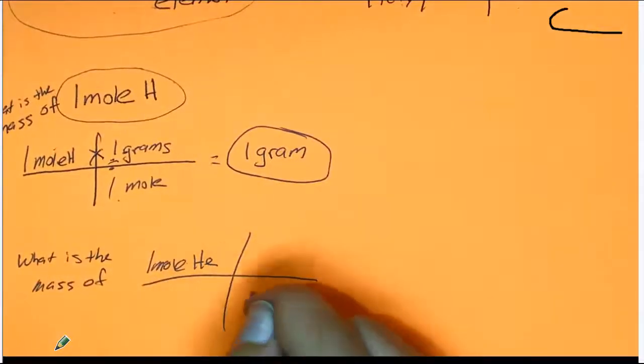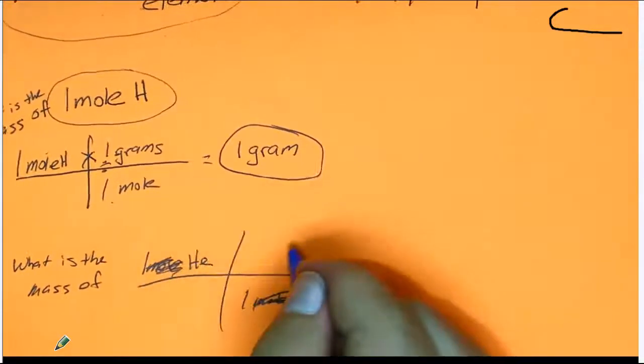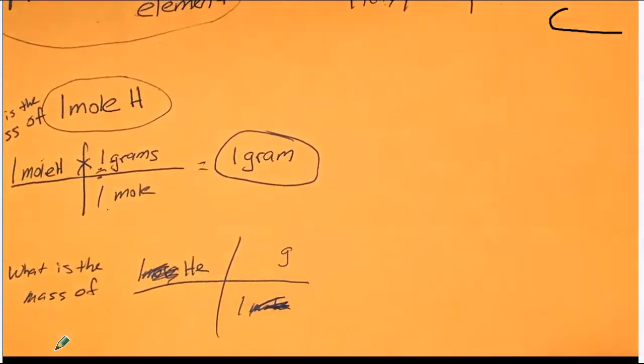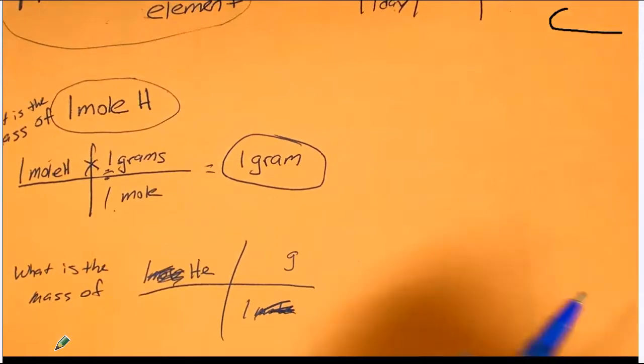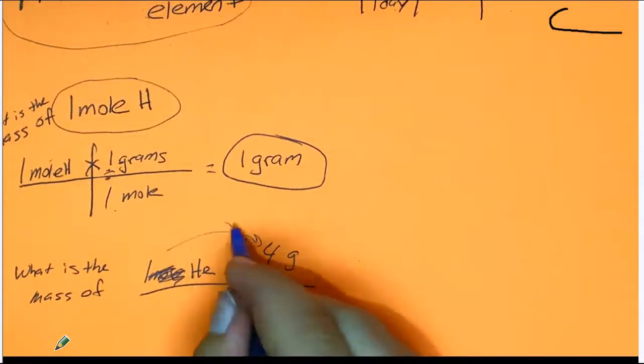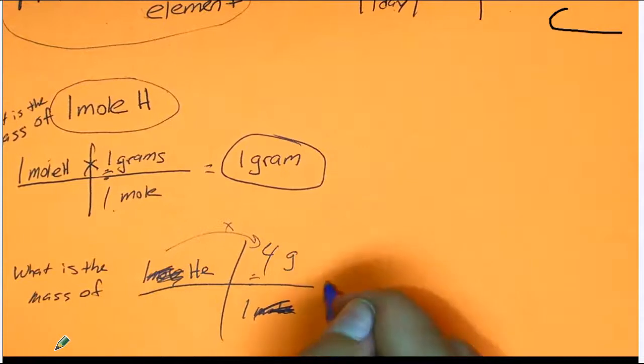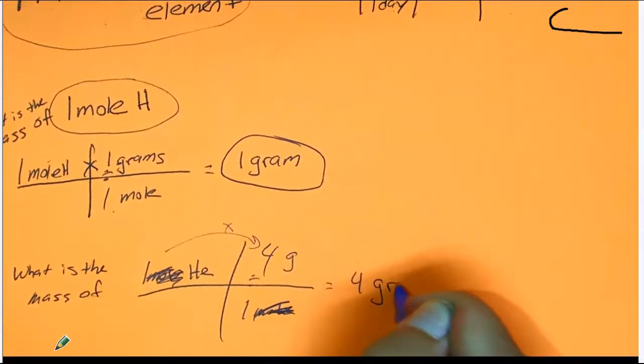Since I have moles on top, I put my 1 mole on the bottom so my moles cancel. Up top, I have the mass of the element. The mass of helium is 4 grams. Then you multiply across, divide down: 1 times 4 divided by 1 equals 4 grams.